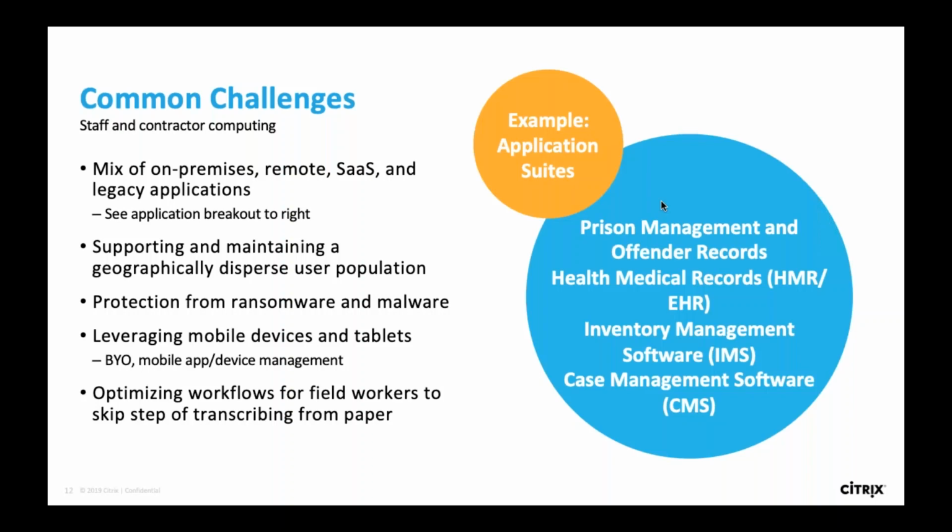Some of the other challenges are ransomware and malware. We're seeing a very big uptake just in government alone, not just specific to corrections, but it definitely applies to corrections as well, where ransomware and malware is coming up, and we're even starting to see in some places around the country entities that are buying ransomware insurance.